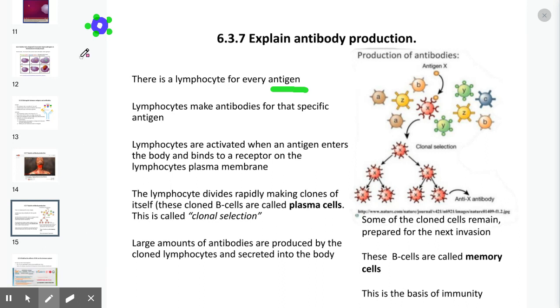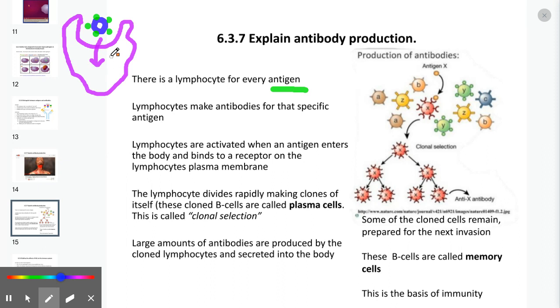Now, there's two terms. Sometimes we call them macrophages. Sometimes we call them phagocytic leukocytes. They're the same thing when you hear me say that. So this macrophage is this big leukocyte, this big white blood cell, which will engulf this virus. And what it does, it breaks it down into a whole bunch of little different pieces.